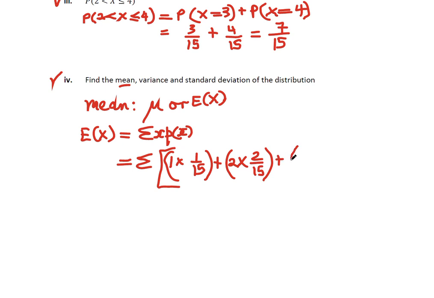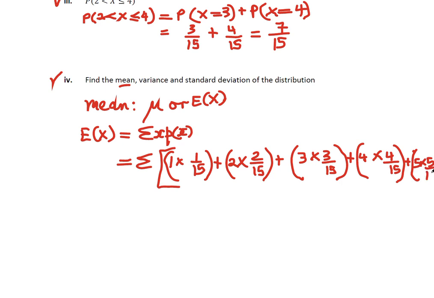This is going to be plus 3 multiplied by 3 over 15, then plus 4 multiplied by 4 upon 15. And then the final representation here in the data set is 5 multiplied by 5 over 15. And that takes care of the calculations that we need to do, and we'll close the bracket there.